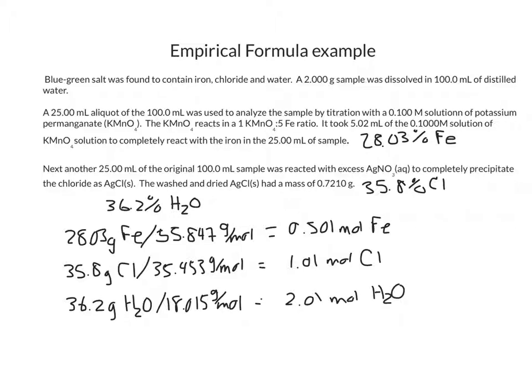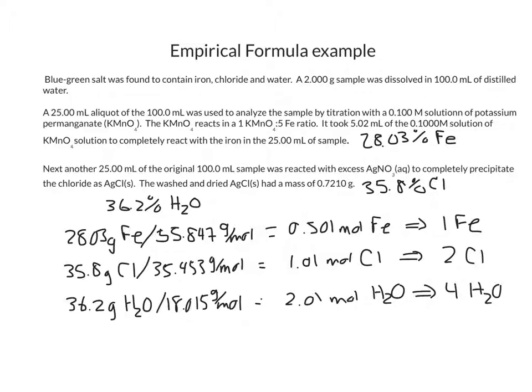And my next step would be to divide by the smallest number of moles, so 0.5 moles of iron. So if I divide everything by 0.5, the same as multiplying everything by 2, I will find that this is 1 iron to 2 chlorines to 4 waters.